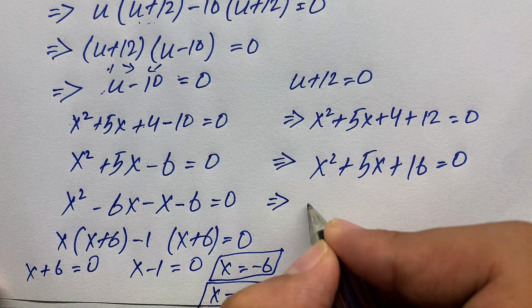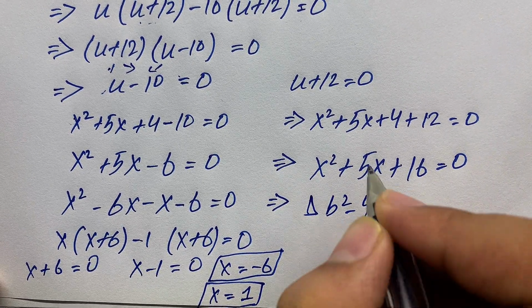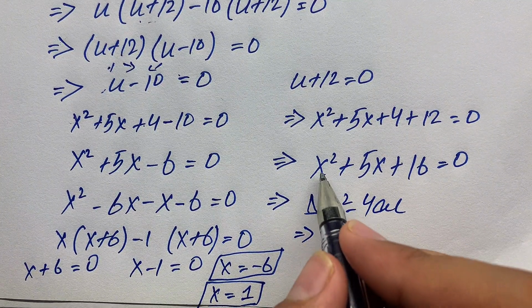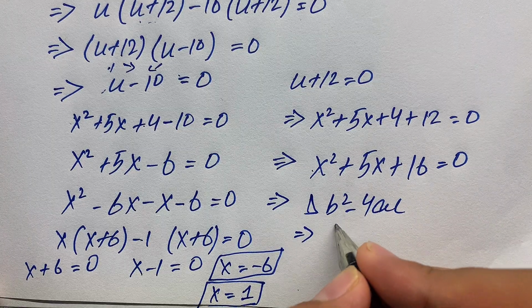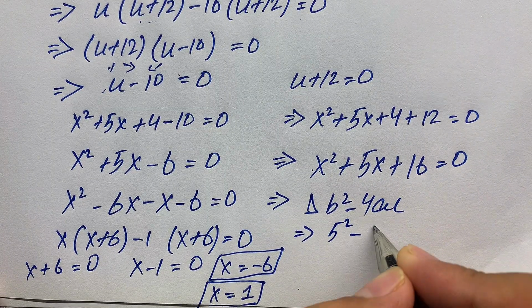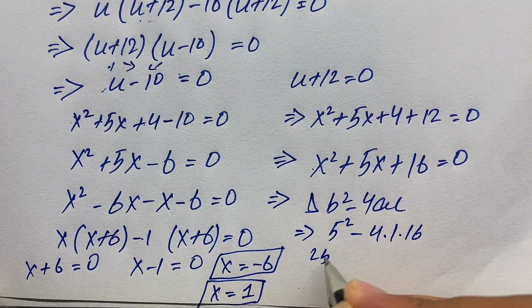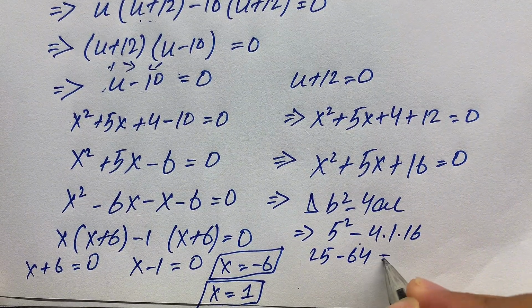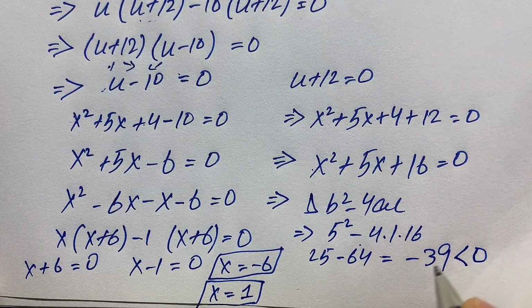We use b square minus 4ac. Now our b is 5, our a is 1 and our c is 16. 5 square minus 4 into 1 into 16, and this will be 25 minus 64 is equal to minus 39, that is less than 0.